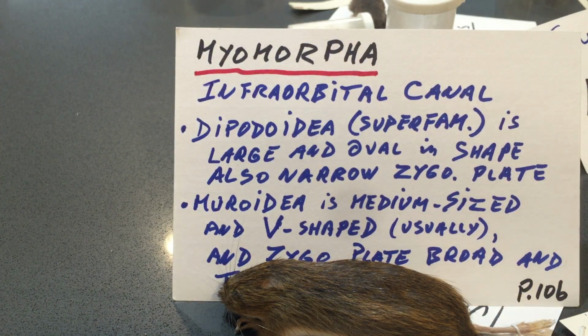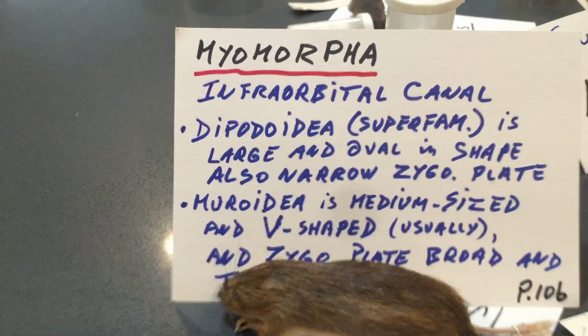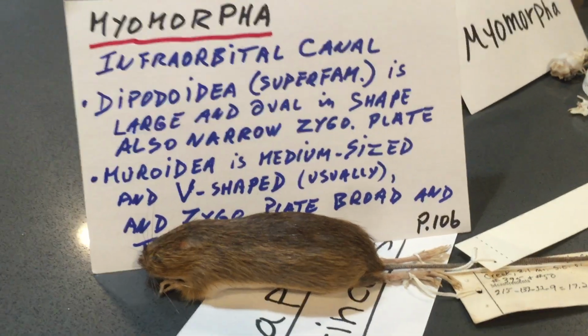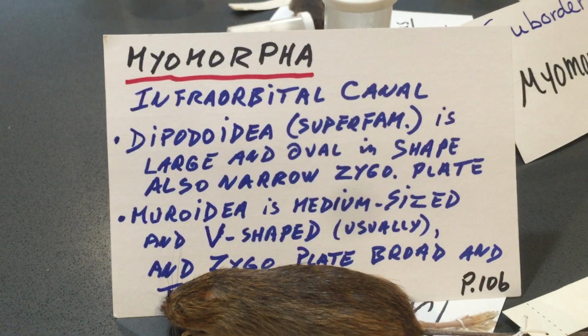You'll see that there are 2 superfamilies, the Dipodoidea and the Muroidea. The Dipodoidea has jumping mice, and there's one right here just below this card, the western jumping mice. Jerboas, birch mice, and other species.